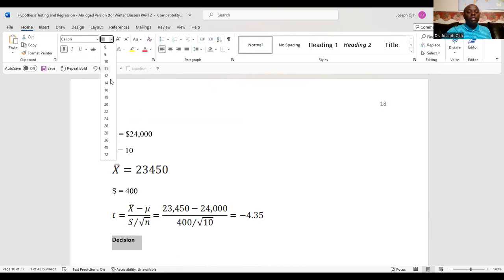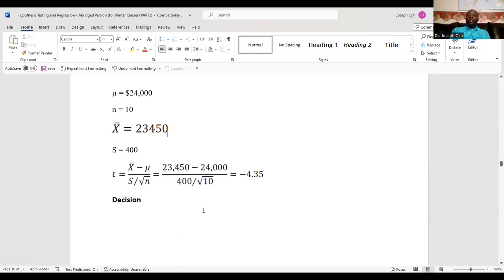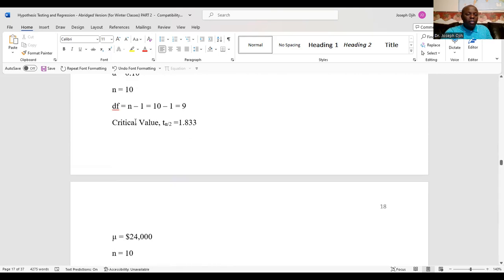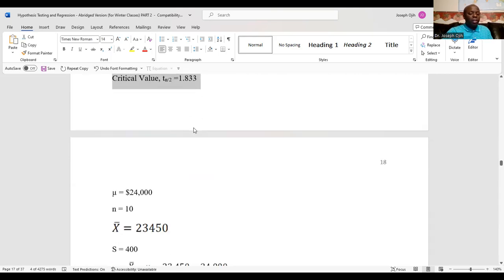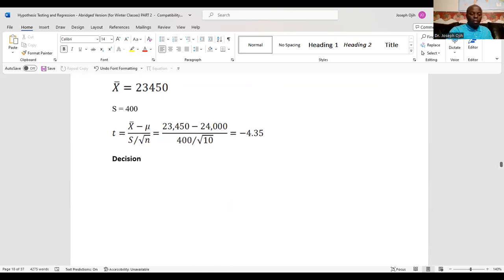For the p-value, you reject the null hypothesis when the p-value is less than alpha. But for the critical value, the traditional method, you reject the null hypothesis when your answer is bigger than the critical value. So in this case, our critical value is 1.833.